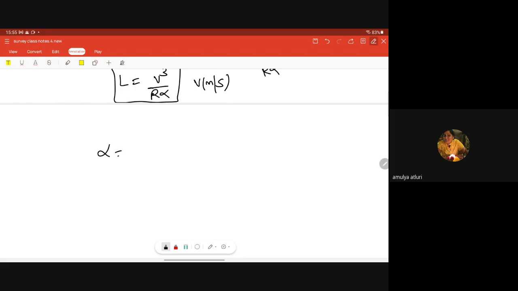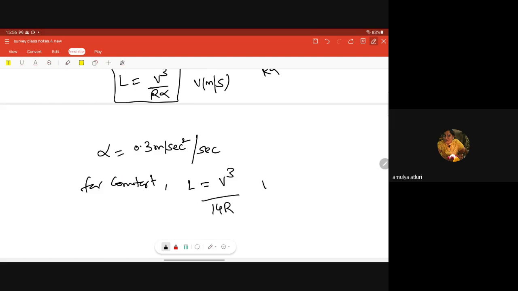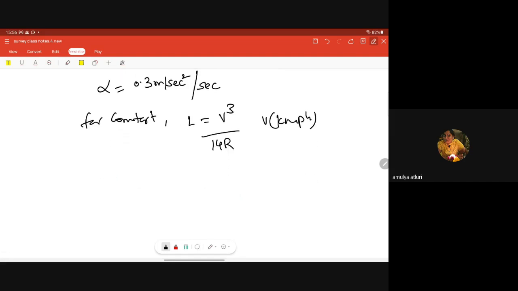So if my alpha, rate of change of angular acceleration, is 0.3 meter per second square, for comfort, my length of transition curve will be L is equal to V cube by 14R. V is in kmph. Got it? This is one empirical formula. It is given by Mr. Short.